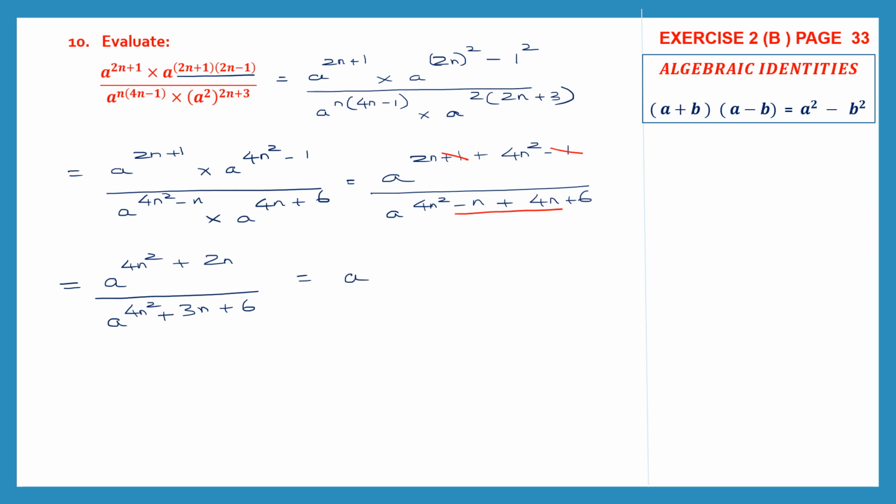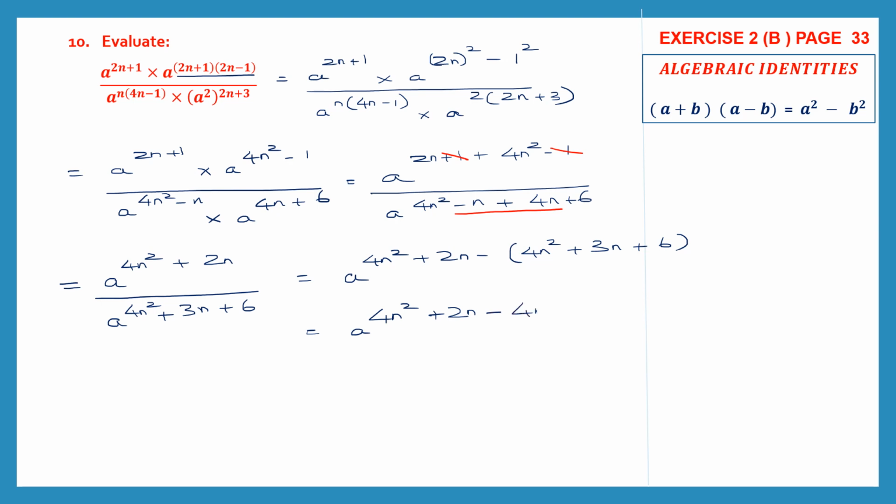So this will be a to the power of 4n square plus 2n minus whatever is there in the denominator, which is 4n square plus 3n plus 6. So this is equal to a to the power of, now let's open the bracket. So this is 4n square plus 2n. Now this minus before the bracket, so change the sign of all the terms inside the bracket.